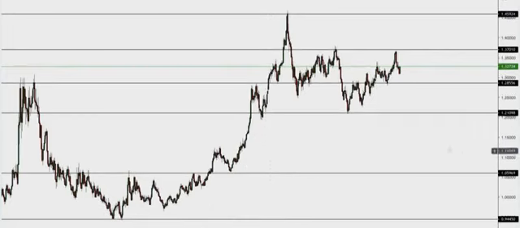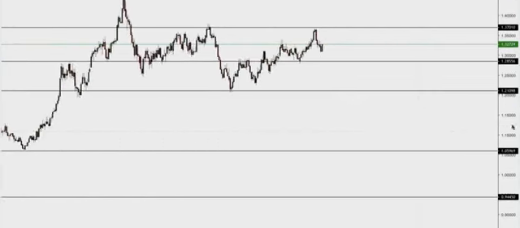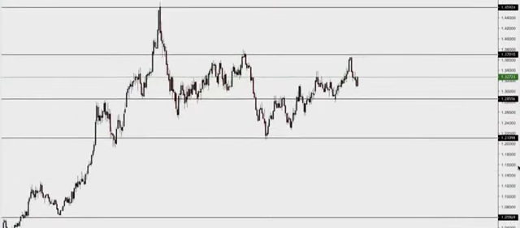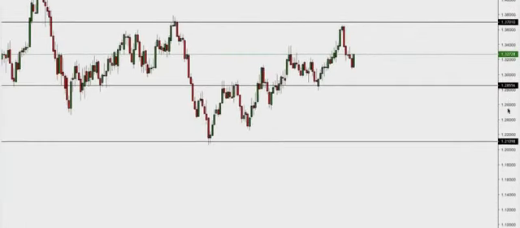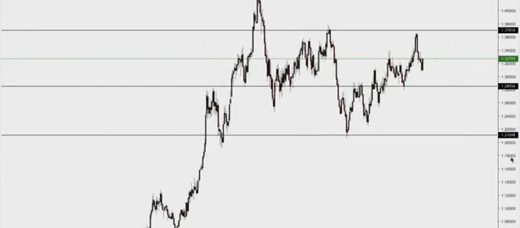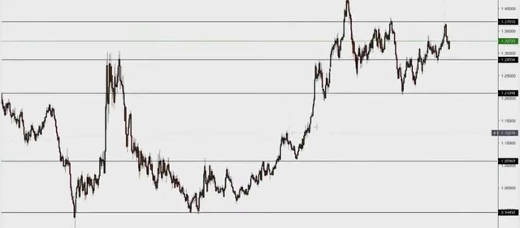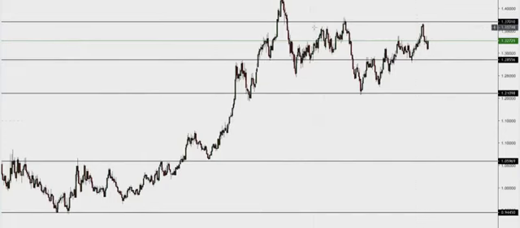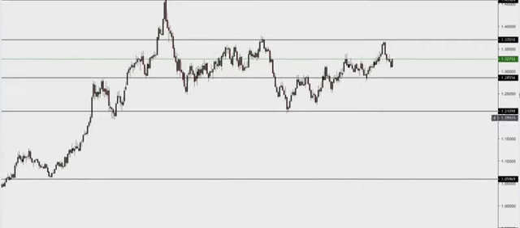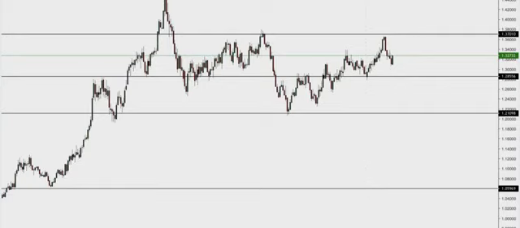As you can see, there are a bit too many levels, but I think I could pretty much work with this because I don't want to leave out any level. I could potentially put another one here, but this is the main area of concentration, because right now, price is currently trading at this region.